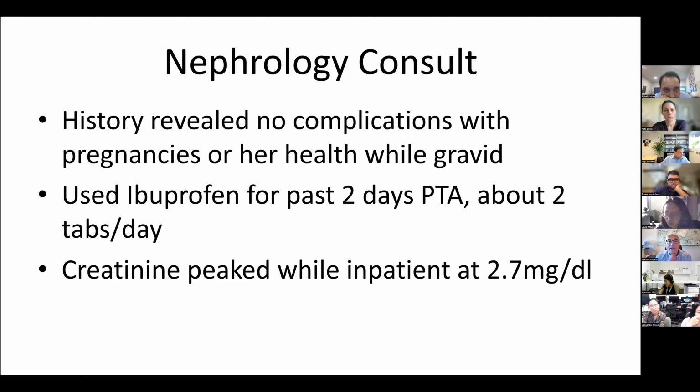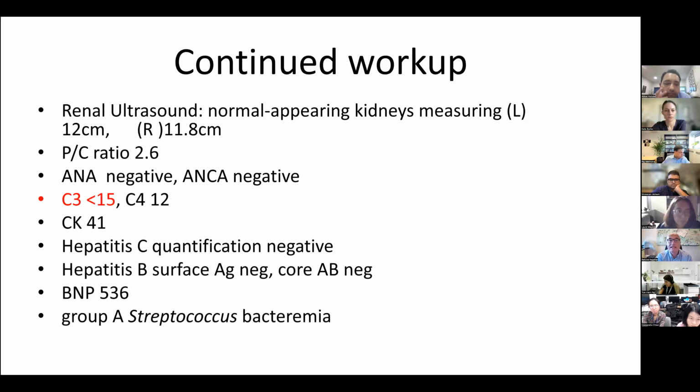Renal ultrasound showed normal-appearing kidneys. Protein creatinine ratio was 2.6 with negative ANA and negative ANCA. C3 was reduced and C4 was 12. CK was 41. Hep C quantification came back negative, as well as Hep B, with a BNP of 536.